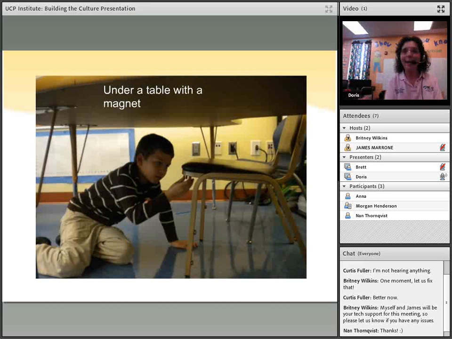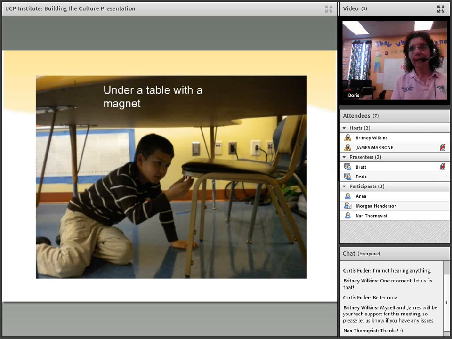Now here we go with a magnet under a table. Isn't that cool? A place to find some metal. This young boy can access that. And as they're sharing, he's going to want to talk about crawling under a chair and getting his magnet under there and finding a piece of metal.